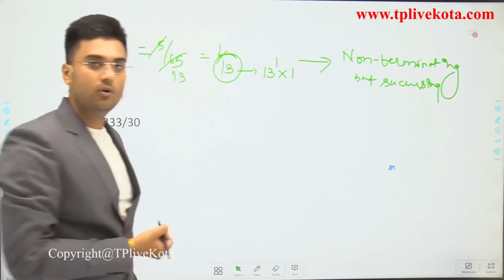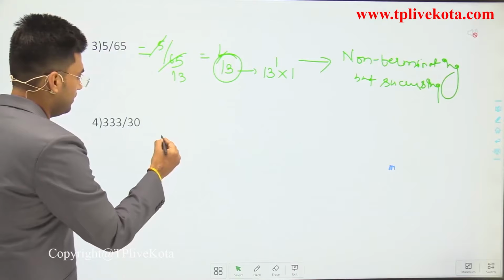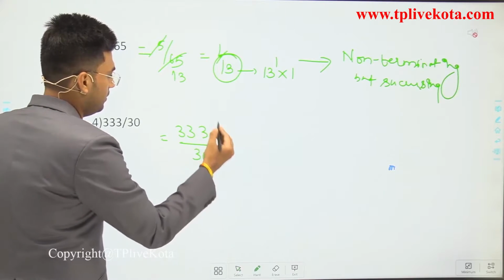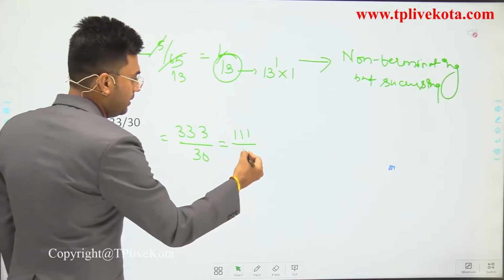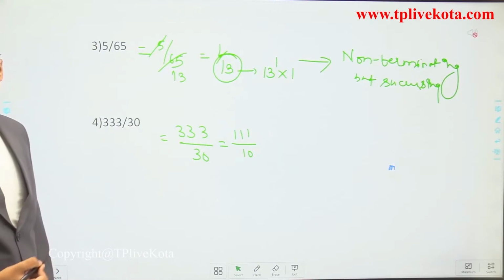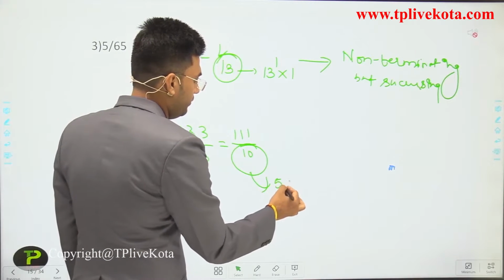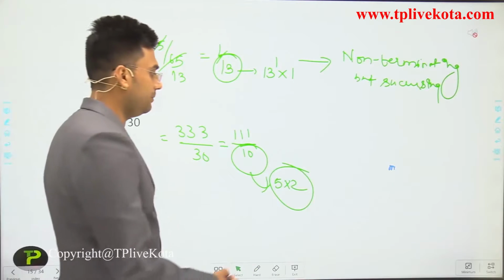Okay. Now come to the next question. It is 333 upon 30. It is equal to 111 upon 10. Okay. Now the denominator is 5 into 2. So it is in the form of 2 power m multiplied by 5 power n.